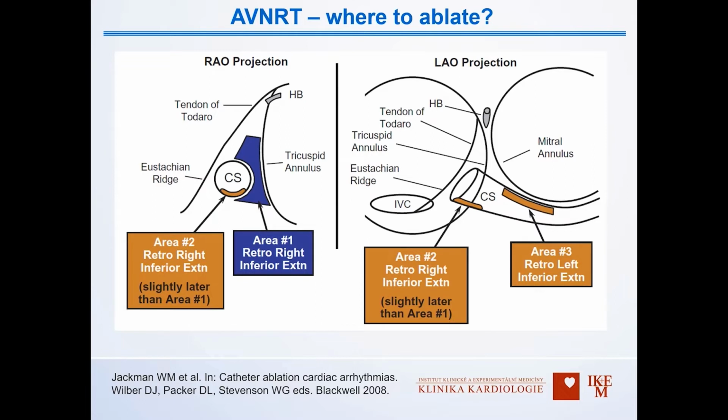This is annotated here as area number 2. And the last resort for the right-sided access is the ablation deeper inside the roof of the coronary sinus, area number 3. And in rare cases, the AVNRT has to be ablated from the inferoseptal aspect of the mitral annulus, and I will show you one such case later.